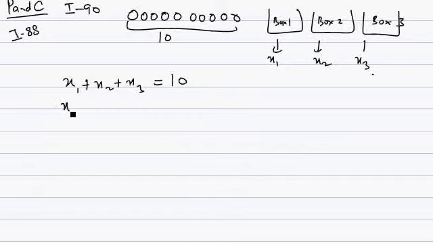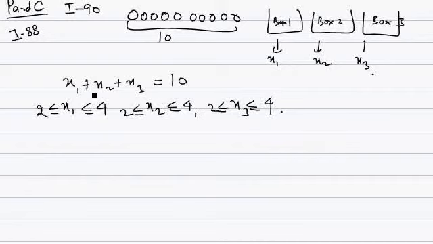And the constraint on x1 is it should be minimum 2 and maximum 4. That's mentioned in the question. And the same is true for all 3 variables: x2 also between 2 and 4, and x3 also between 2 and 4.